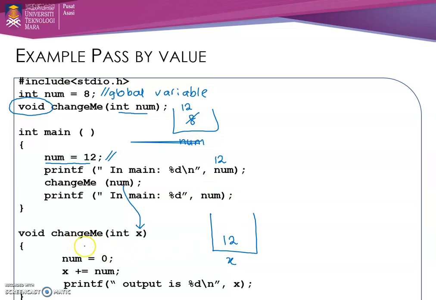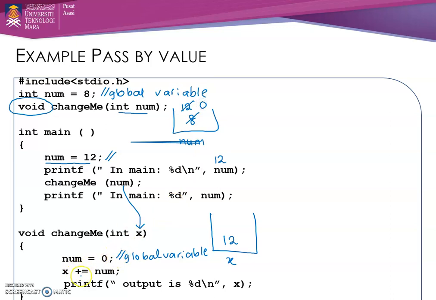Go inside your function body, you see there is an initialization of a num. You have to jot down that this is a global variable. So for this case, you are actually replacing 12 with 0.